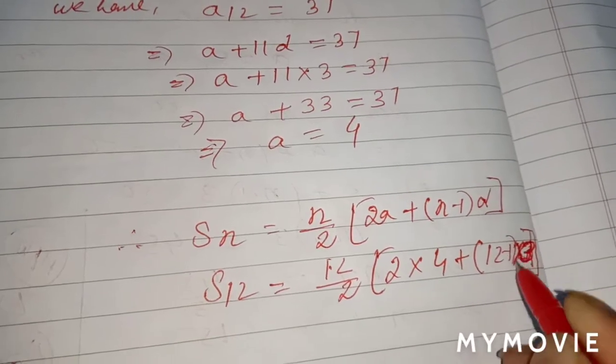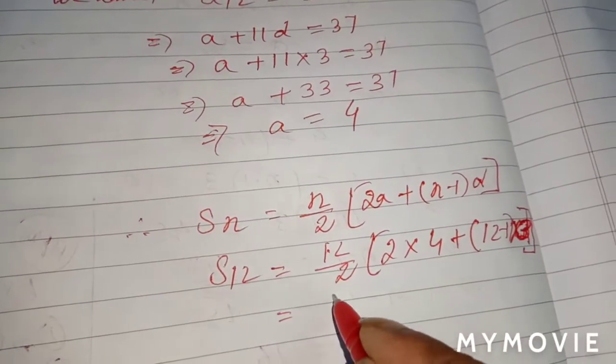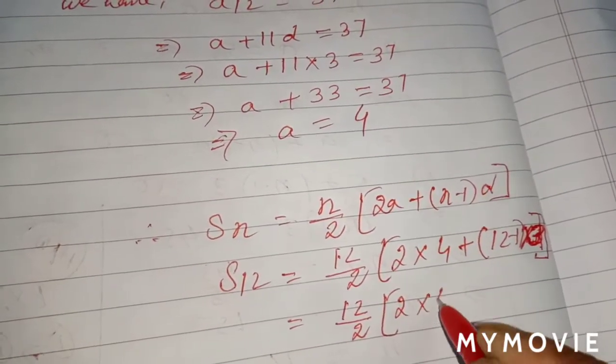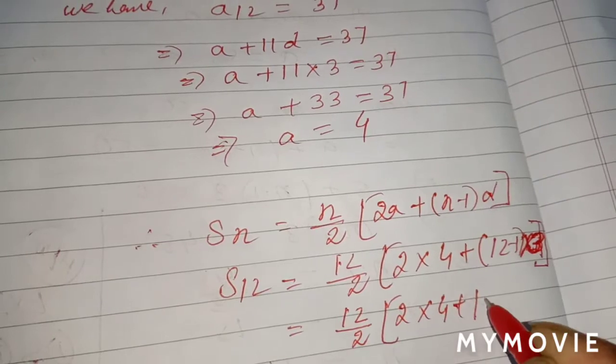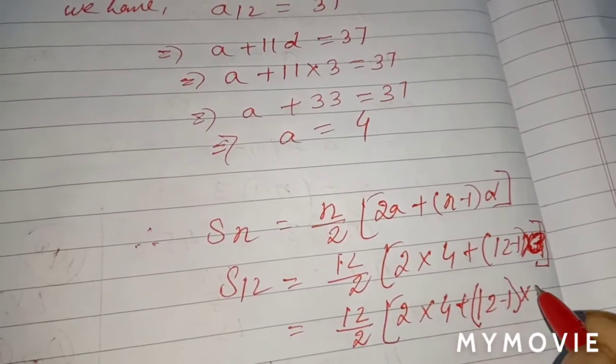So understood? Now see, I'll write this line again: 12 by 2, 2 into 4, plus 12 minus 1 into 3.